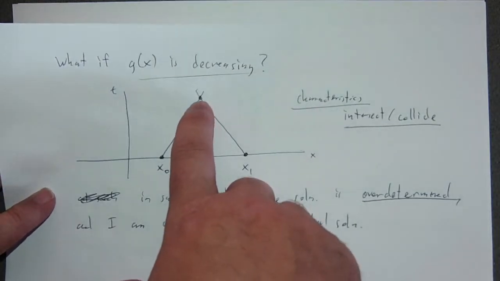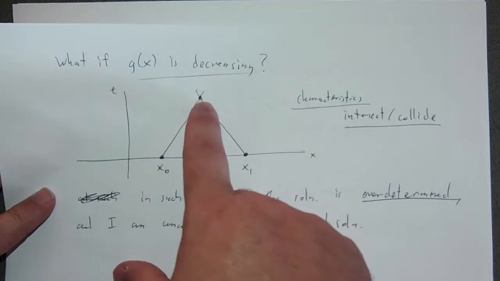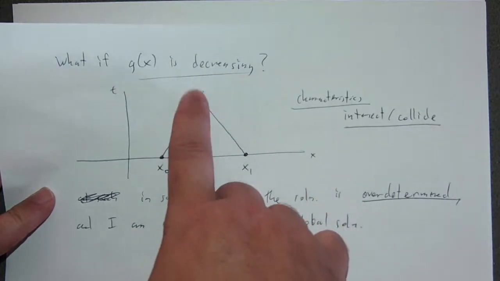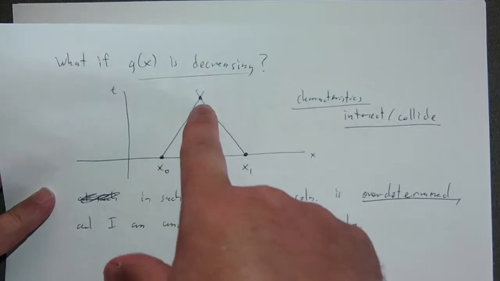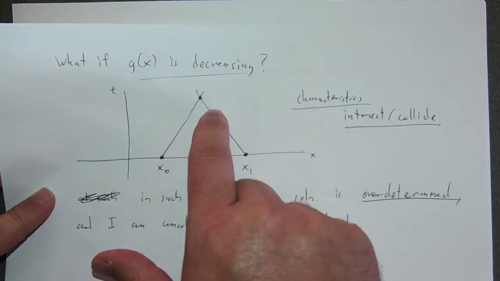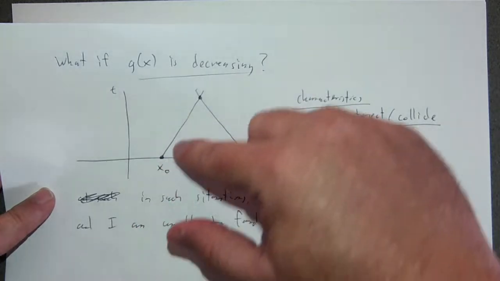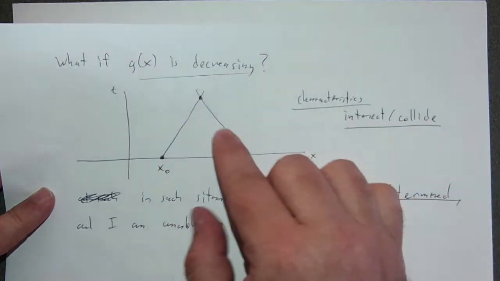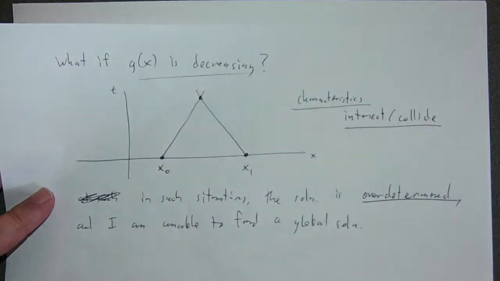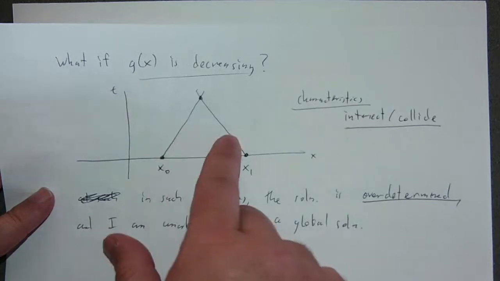The reason it's a big deal is that this is telling you the solution is overdetermined, in the sense that a point here belongs to two different characteristic lines, and I know the solution has to be constant along these lines. But these lines have different slopes, so the constant is different along each line.